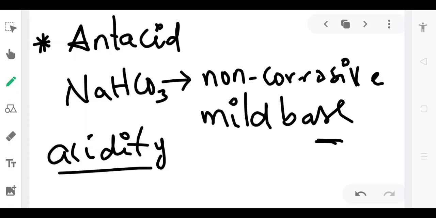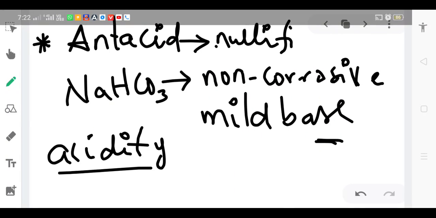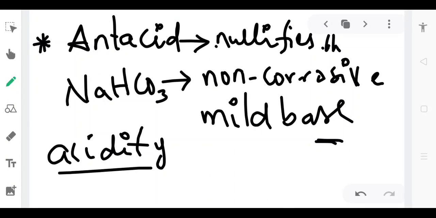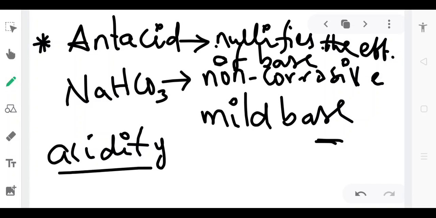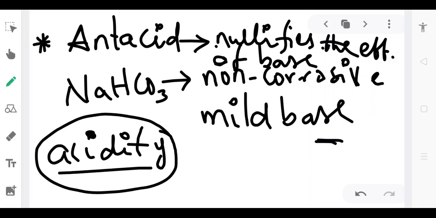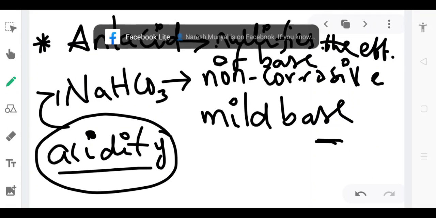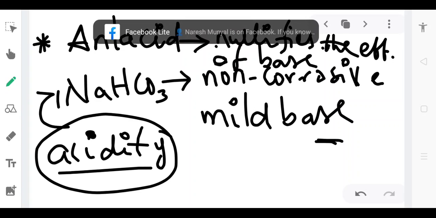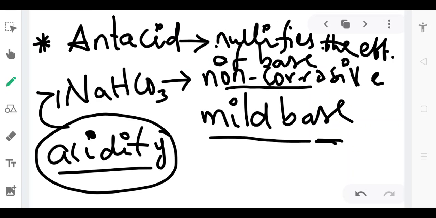An antacid nullifies the effect of acid, so acidity is neutralized by sodium hydrogen carbonate.